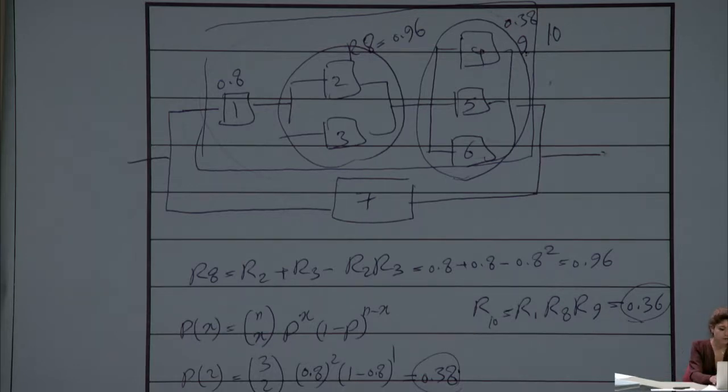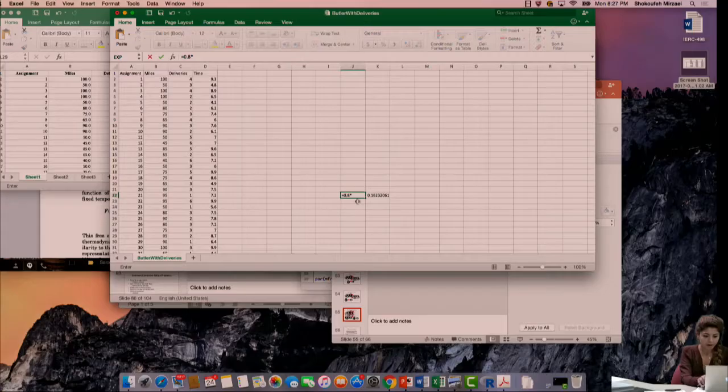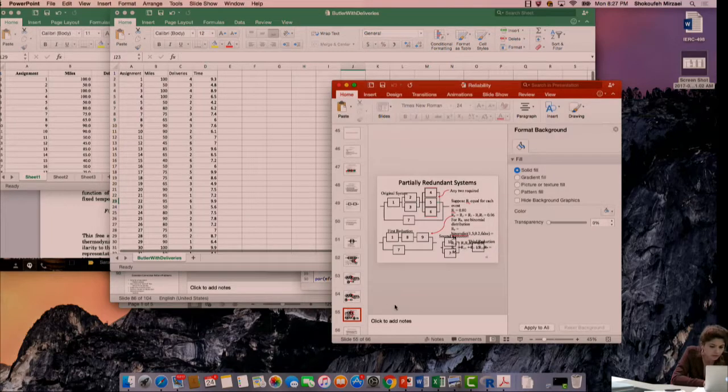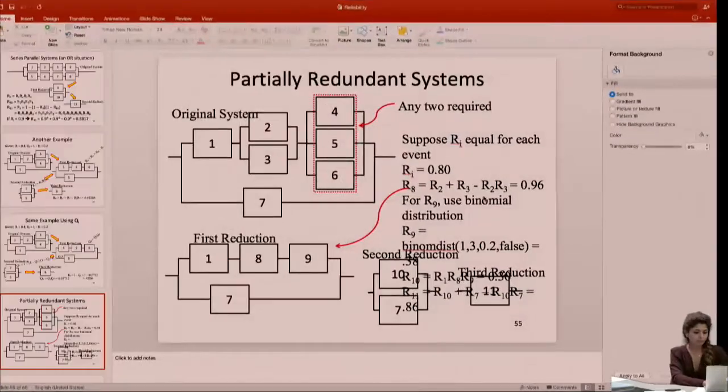You have 0.8 multiplied by 0.96 and multiplied by 0.38. That gives you 0.29 actually. So 0.29 is that number.